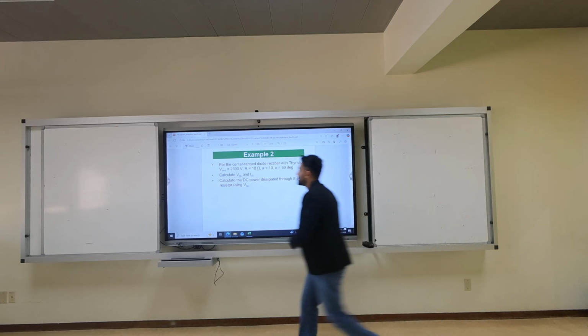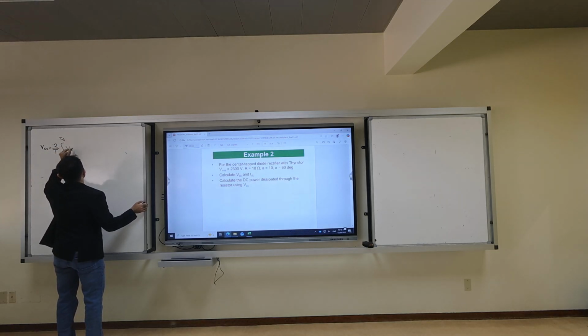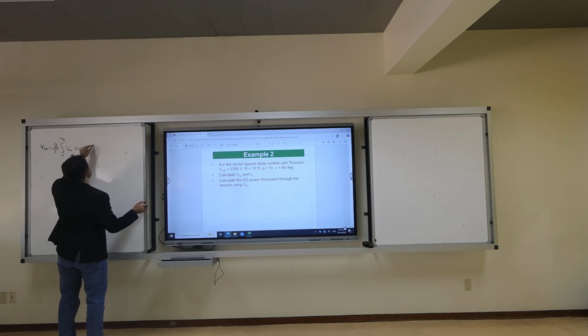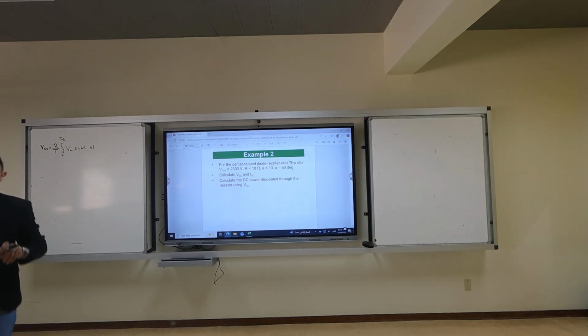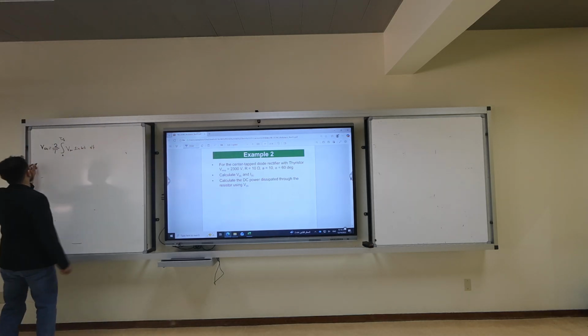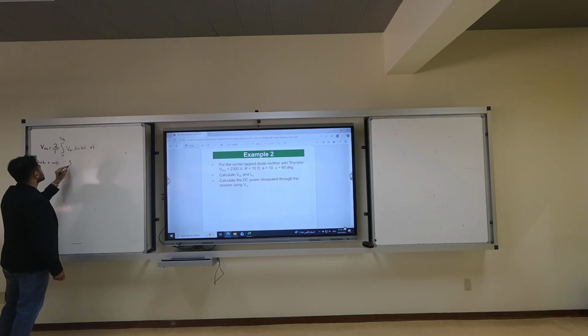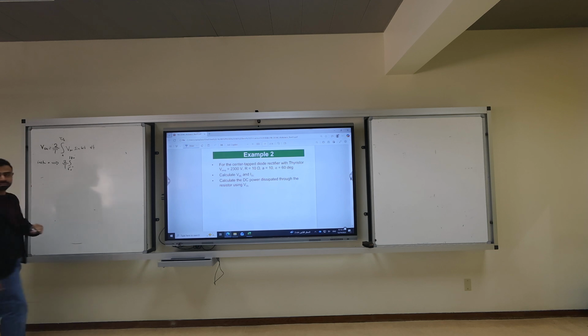But how to solve the thyristor? What is the original equation? VDC is 2 over T, integration from 0 to T over 2, Vm sine omega t dt. You agree with me? But here, instead of 0, we integrate from 60 degrees to 180 degrees and then 2 over T. But the limits here are a function of time.